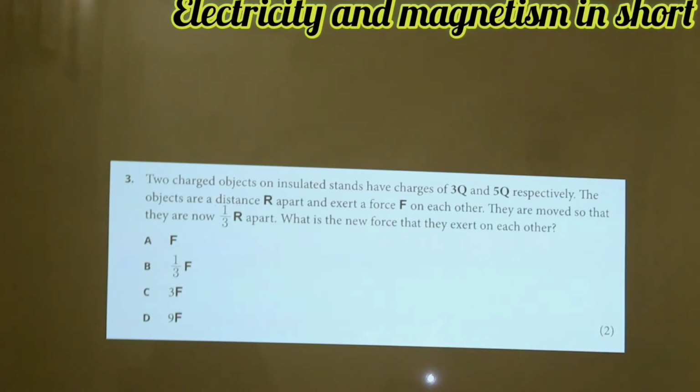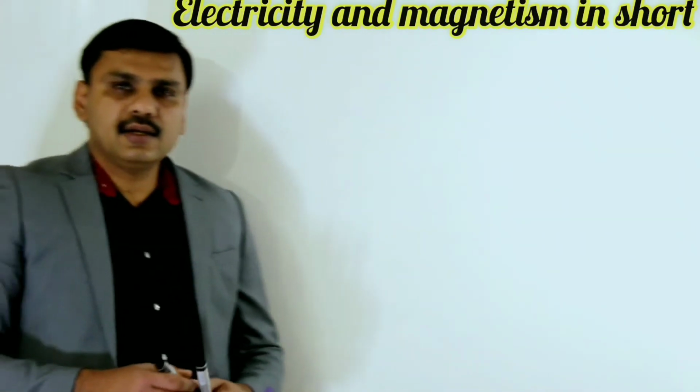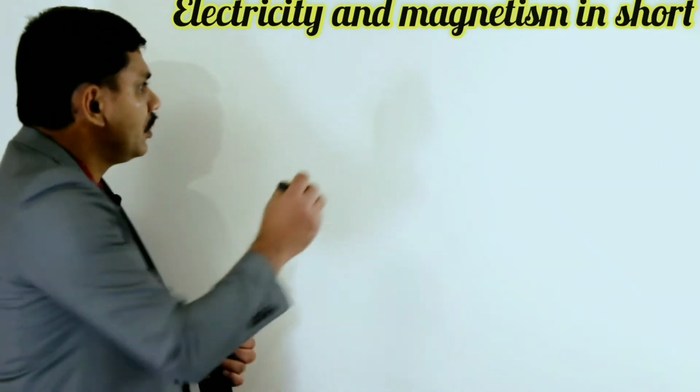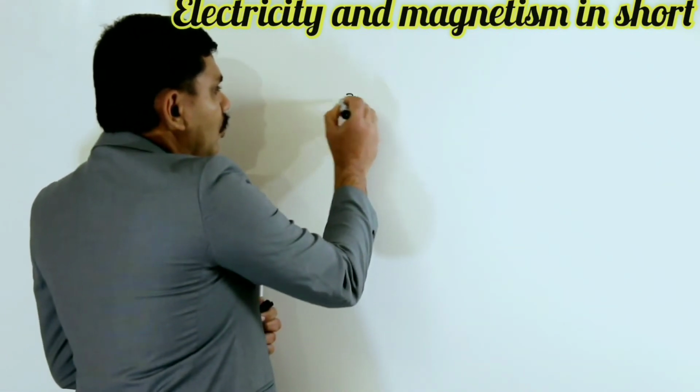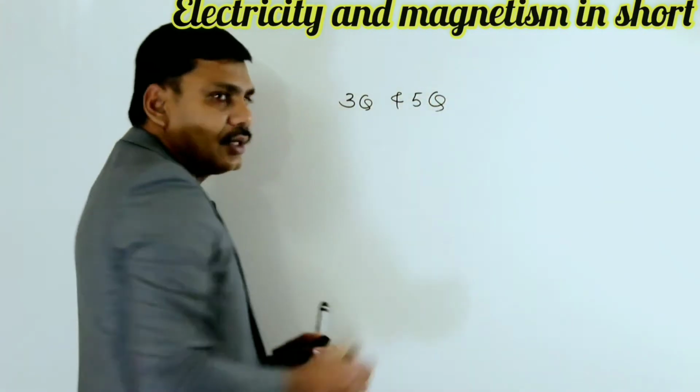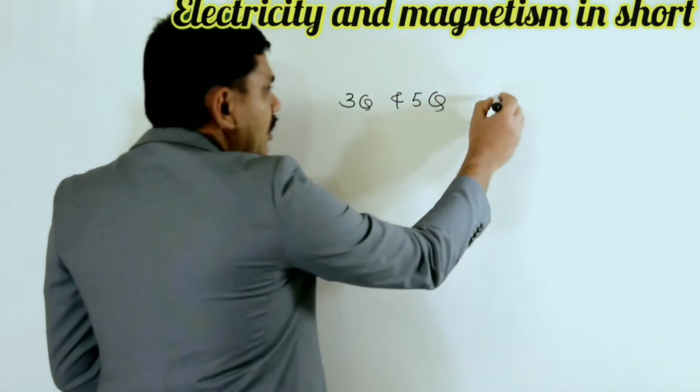So let me explain in detail. Initially the charges were 3q and 5q, separated by a distance r.